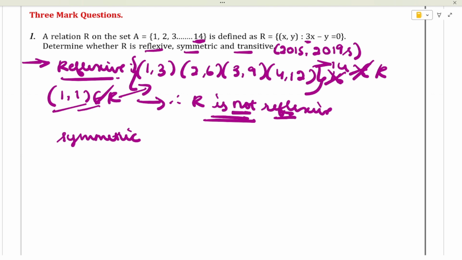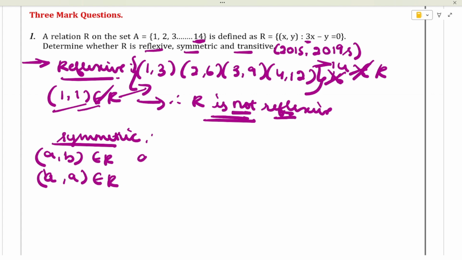Now let's see for symmetric. Symmetric means what? If A comma B belongs to relation R, then B comma A should also belong to R. That is the logic behind this. Here A is less than or equal to B, and B is less than or equal to A, so they both are not equal.